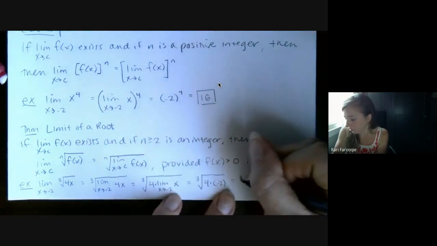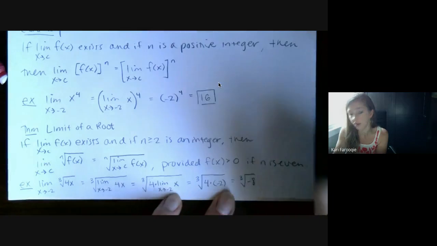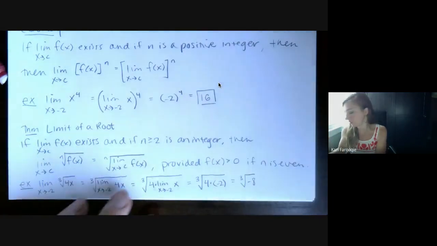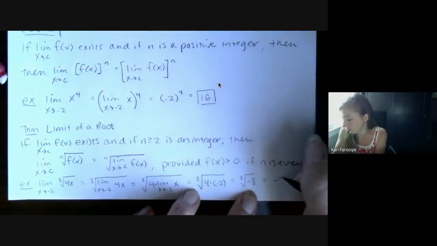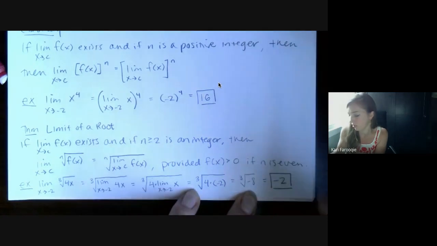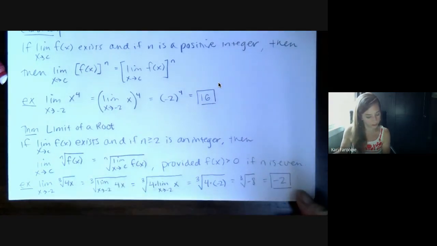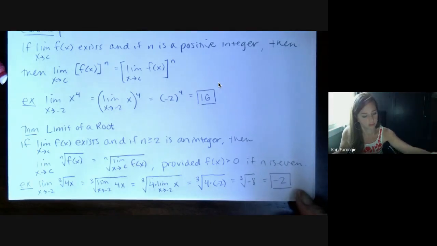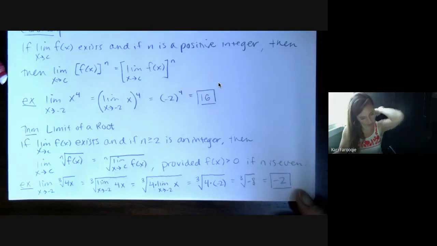So this is the cube root of -8. And remember, we can take an odd root of a negative number. We just can't take an even root of a negative number. So your limit here is -2. Questions?